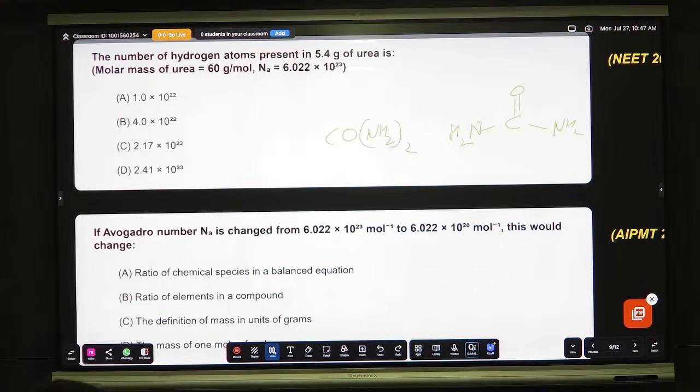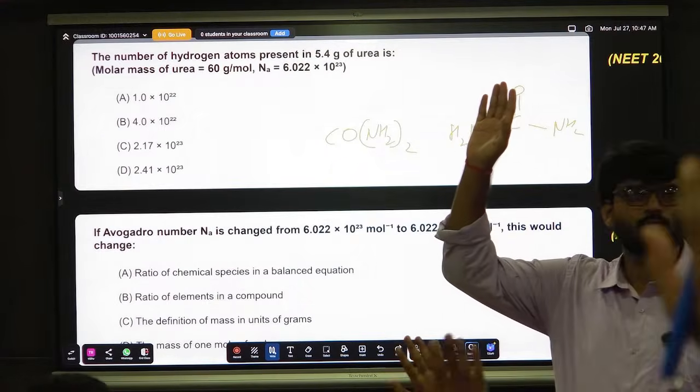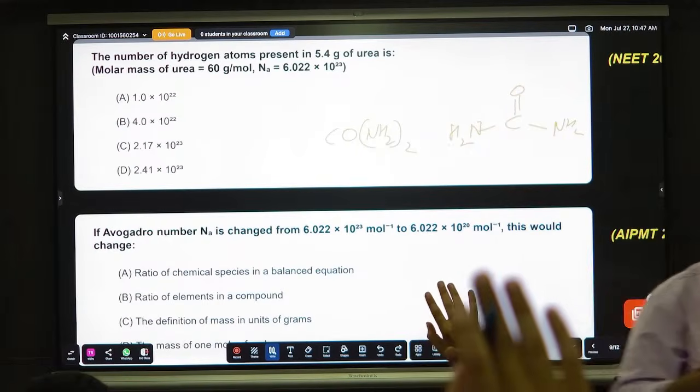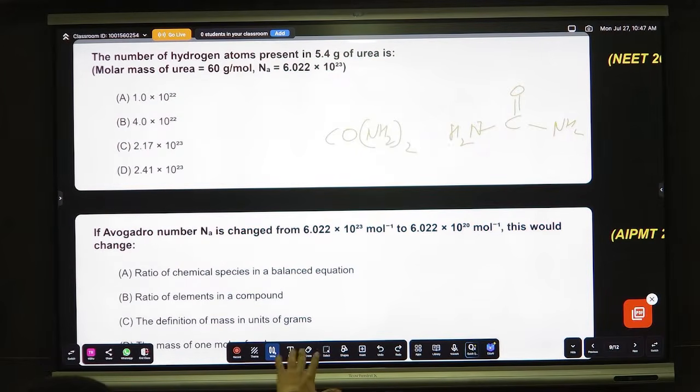Who has got the answer? Raise your hands. Misbah, what happened? The question is asking about the number of hydrogen atoms present in 5.4 grams of urea.